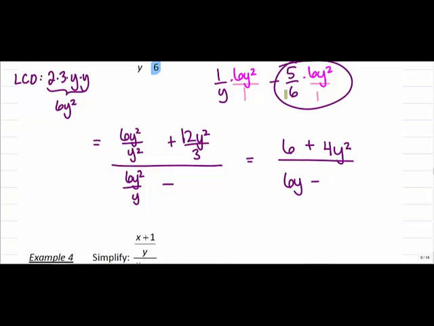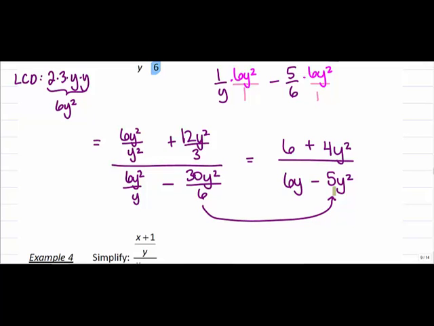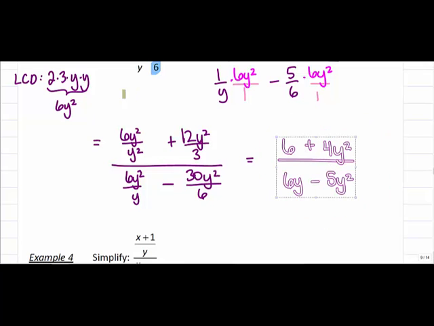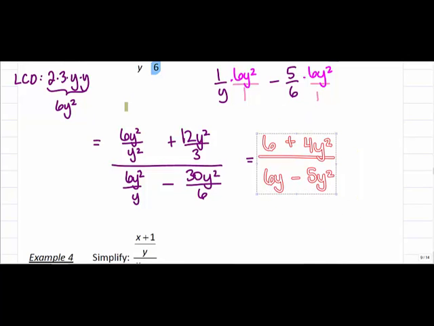Again, here, you can see that the 6's cancel and leave you with 5y squared, or if you multiply everything together here, you would have 5 times 6y squared, which is 30y squared, all over 6. But this is going to reduce to 5y squared. And there's no common anything, so I am done. So this would be my final answer.